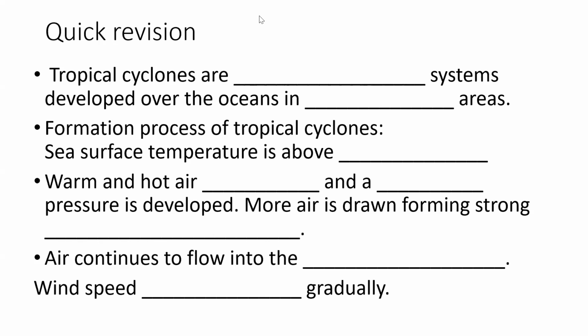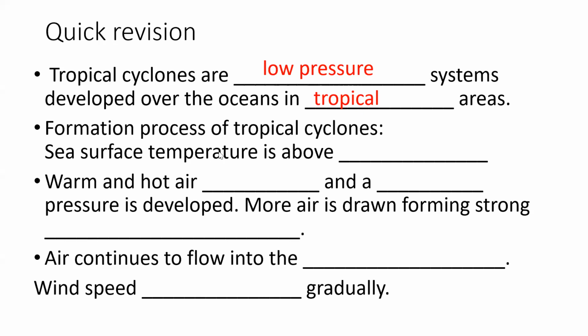Yeah, it's low pressure system. Good. Low pressure system. And then it developed over the ocean in cold or hot areas. Yeah, 26 degrees means tropical areas, hot areas.